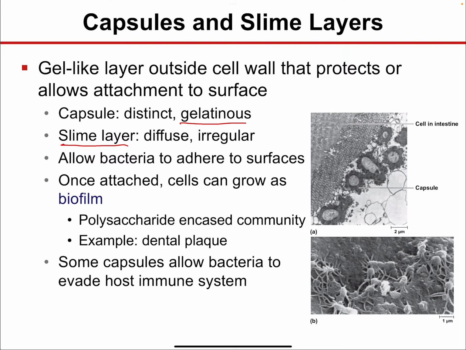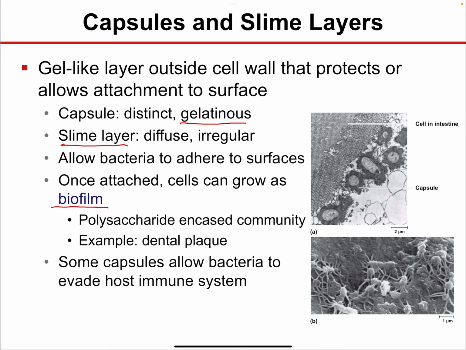Now, because of the extracellular structures that are the capsule and the slime layer, we can see attachment to some structure in such a way that microorganisms, the bacteria, when they find themselves together, they end up forming a structural component that we call biofilm.